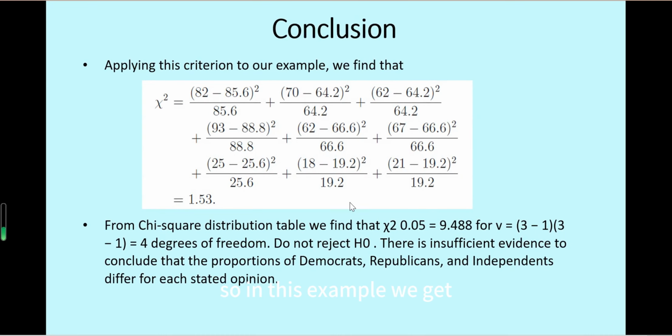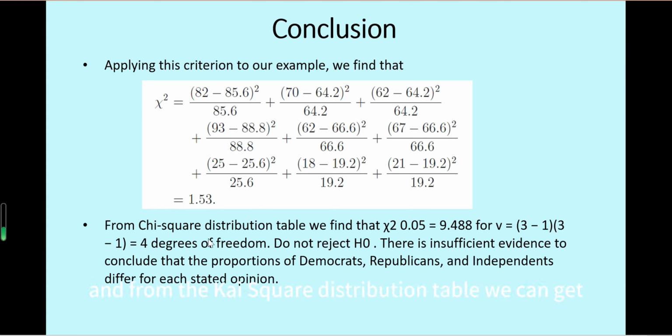So in this example, we get a sample chi-square test statistic of 1.53. We just sum all these counts and take the square of the difference between the observed and expected, divided by the expected value.